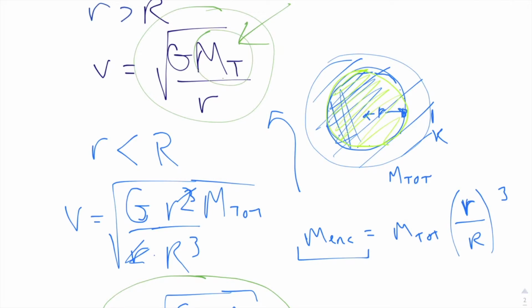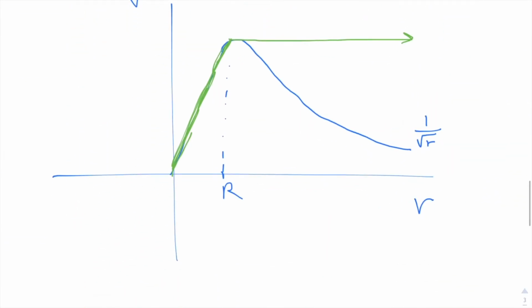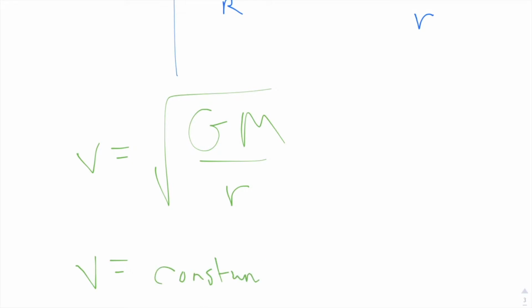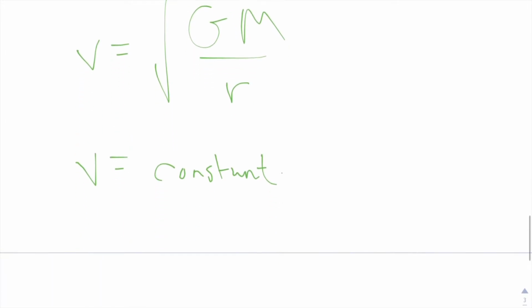So if what we thought was that v equals the square root of GM over r, but in reality, v is not dependent on r at all, but is constant, then we know that the mass must somehow depend on the radius.